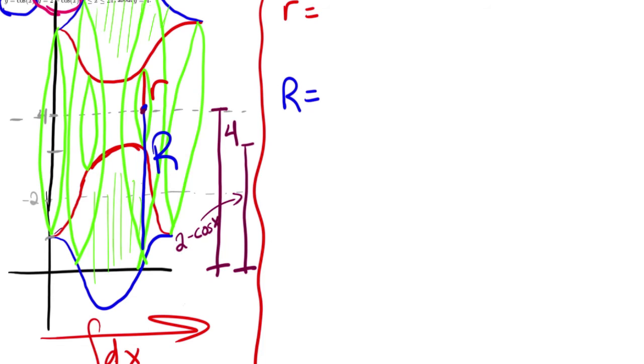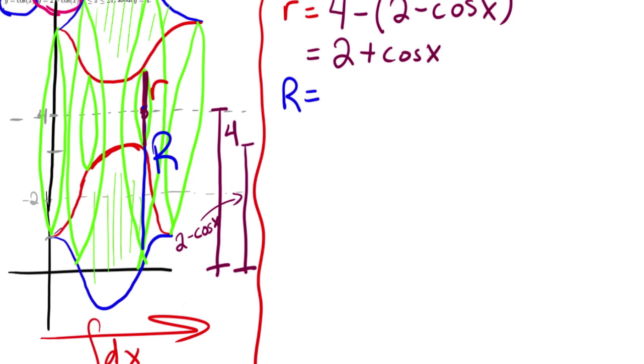That's the y value. So if you take this away from 4, you are going to get the distance from here to here, or the distance from here to here, whichever one you want. So the small radius is simply equal to 2 plus cosine of x.